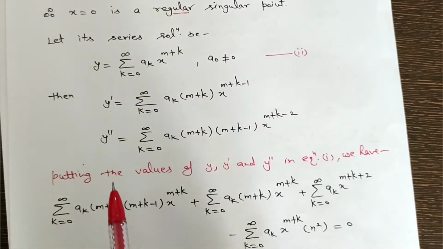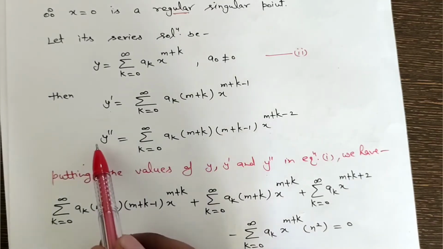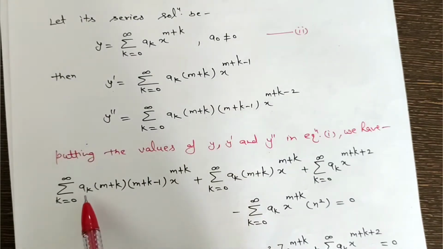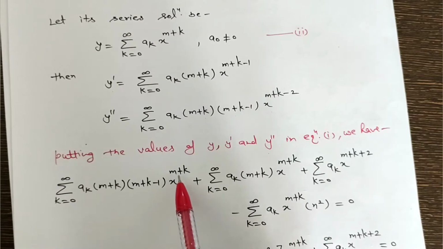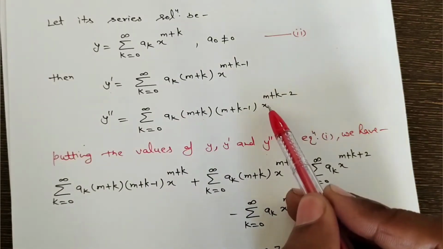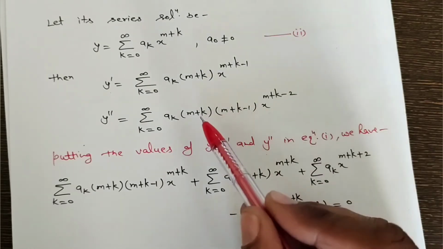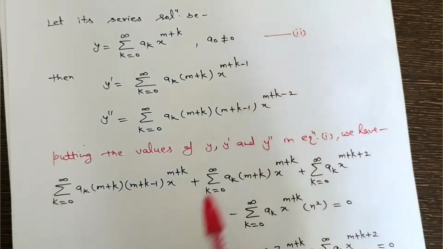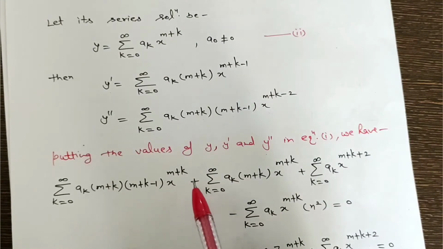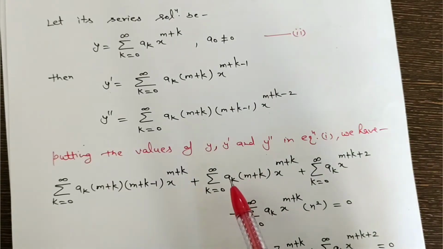The given differential equation is x squared d squared y by dx squared. So x squared into this will be a_k (m plus k)(m plus k minus 1) x raised to the power m plus k minus 2, and after multiplying with x squared, this becomes x raised to the power m plus k. The next term is x dy by dx.